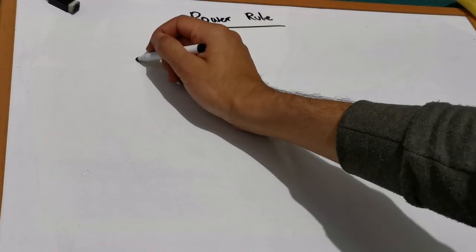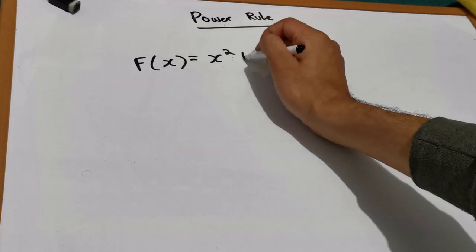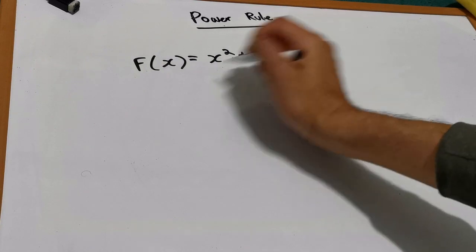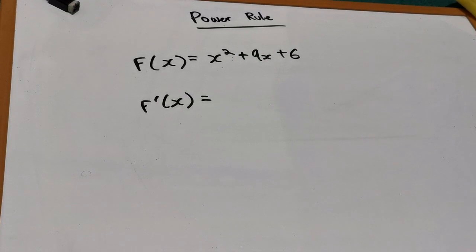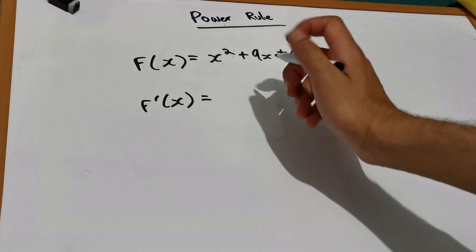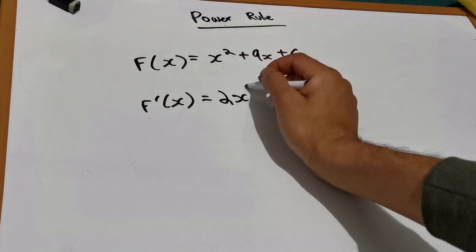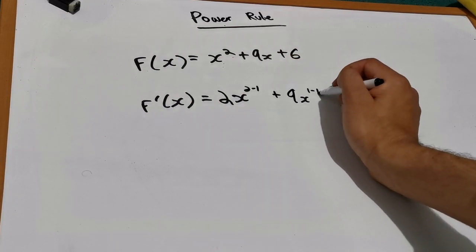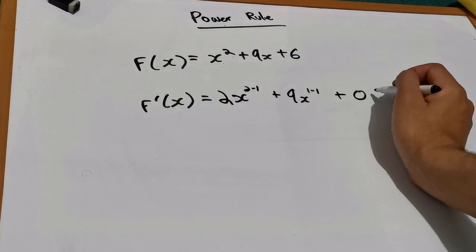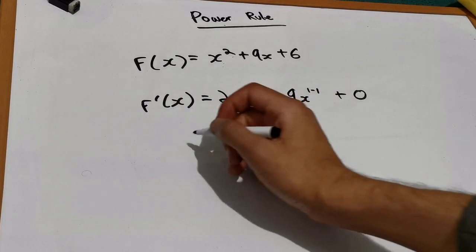Okay, let's differentiate a quadratic. Have a go at differentiating this quadratic. Okay, so when you differentiate x squared, you bring the power down, 2x to the power of 2 take away 1, add 9 times x to the power of 1 take away 1, add 0, because the constant just differentiates into 0.